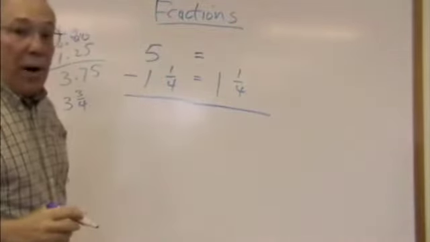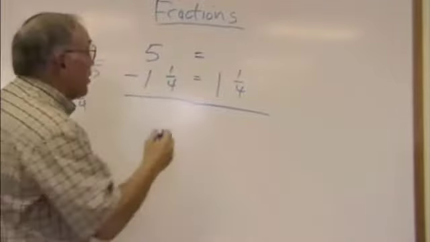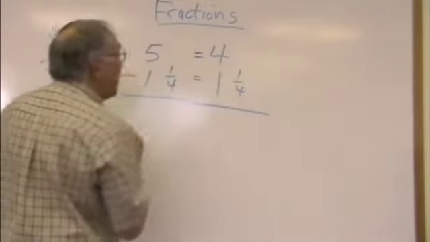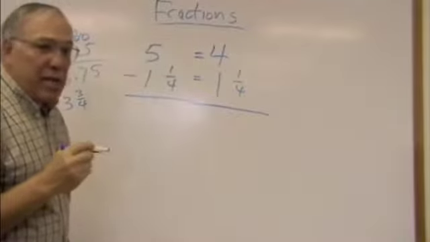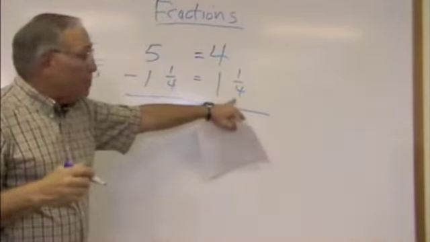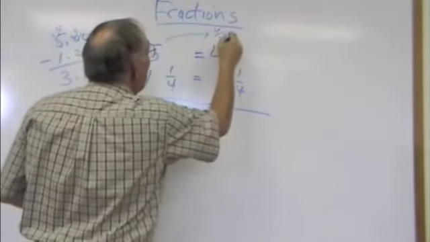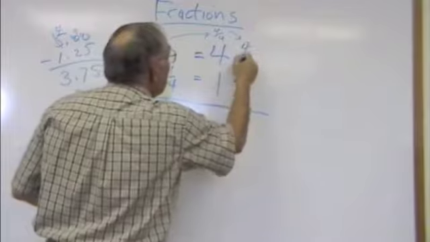I'm going to have to take one of those dollars into a bank and change it. So now I only have 4 whole dollars. And how much change am I going to get for that $1? I want it in quarters because that's what I'm going to be subtracting. Well, I'm sending over here actually 4/4.